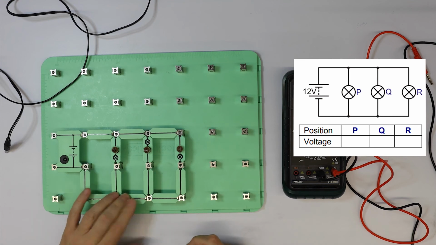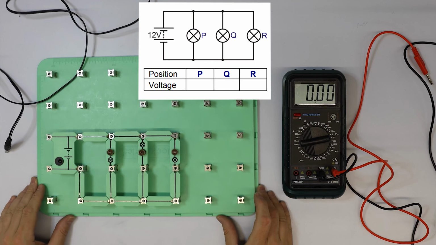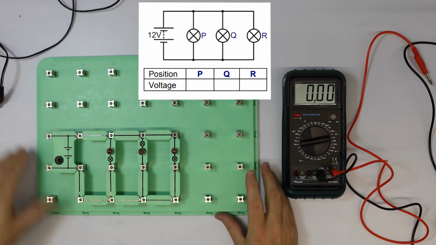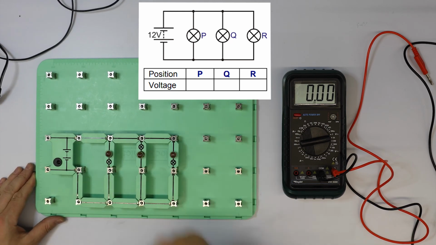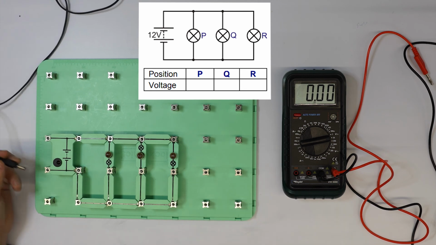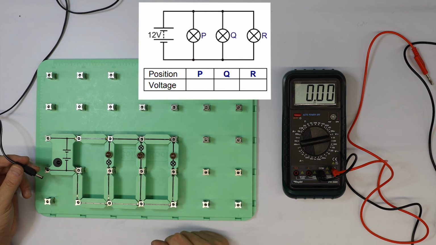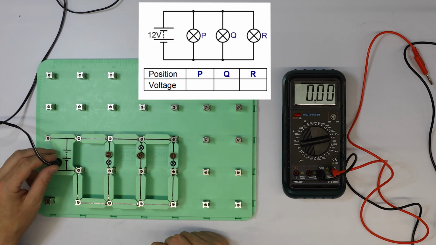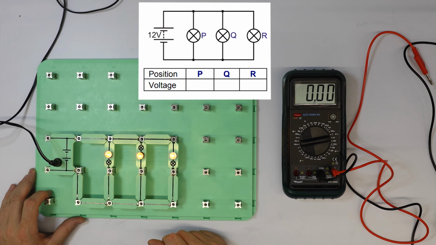Right, so now we have a parallel circuit set up here. So basically, all the bulbs have their own individual branch coming down here. So let's see what happens if we connect the power supply. From what we saw with the current circuits is that we should get a fairly bright light. Good, that's a good start.